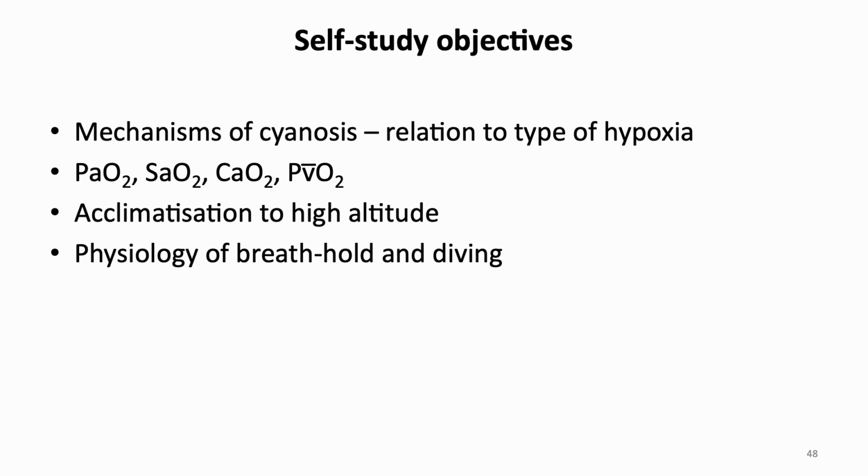Furthermore, it's very useful to sit down and take these four parameters: arterial oxygen tension, oxygen saturation, oxygen content, and mixed venous oxygen tension, and infer how they may all change during these four types of hypoxia, because that really gives you an understanding of the integrative pathophysiology of this.